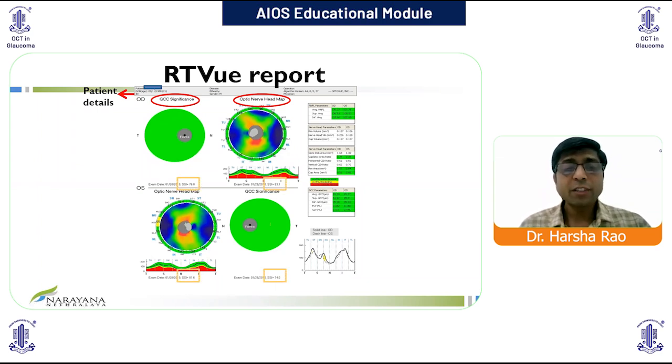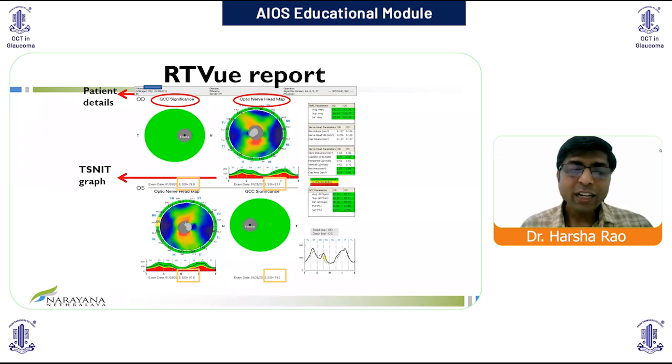The quality of the scan using the signal strength index is represented below. Generally in RTVue, any signal strength of over 45 is considered to be acceptable, and lower than 45 is low signal strength, which needs a repeat scan, or we'll have to exercise caution before interpreting it.